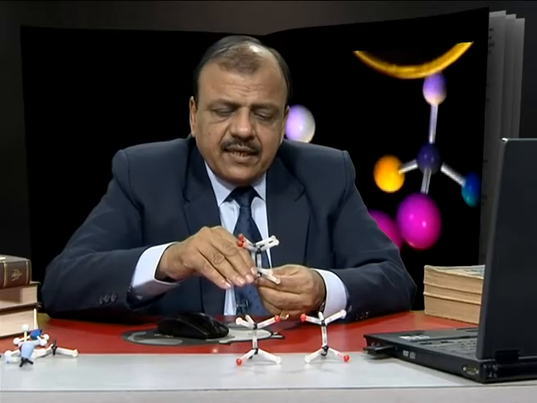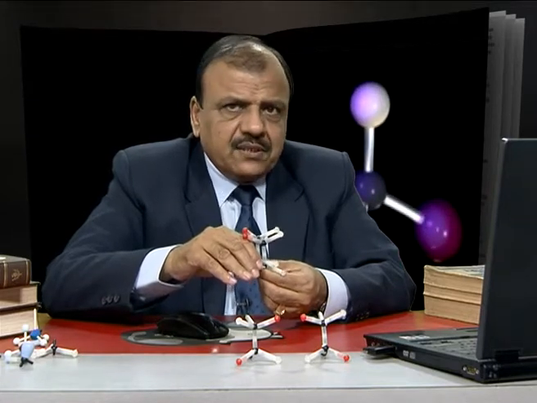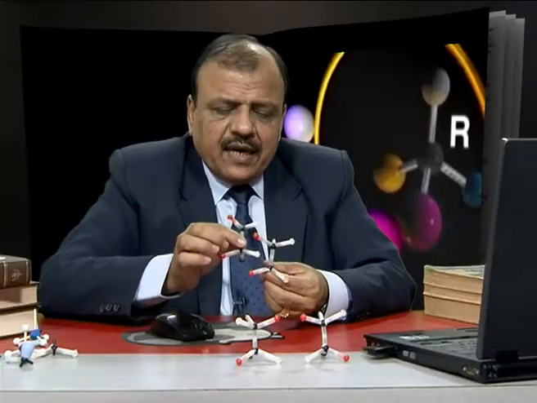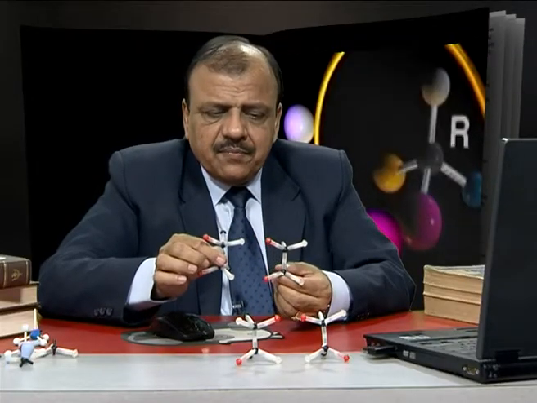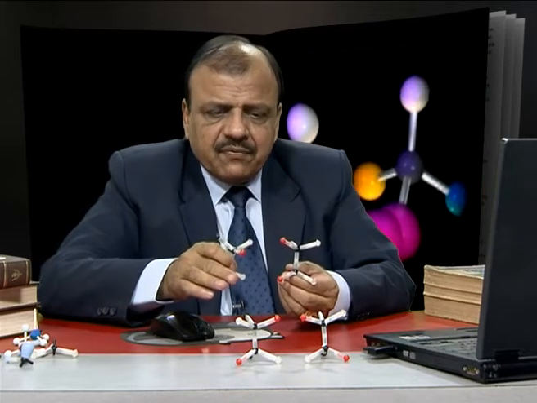So, for tartaric acid, it shows that there are three possible isomers. The two structures which we have written, they are identical. These two isomers are superimposable on each other and hence they represent the same molecule. So, it means for tartaric acid, three isomers are possible, out of which two represent a pair of enantiomers that we have seen earlier.